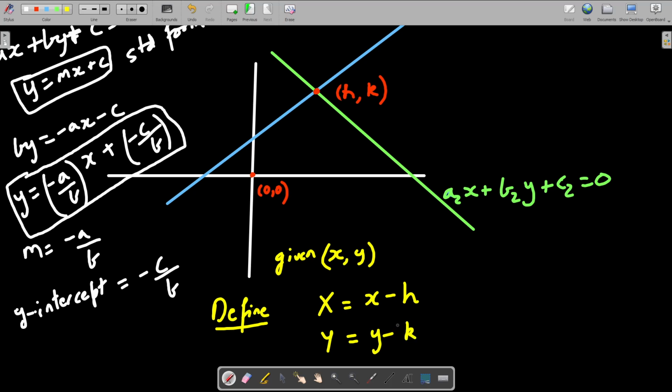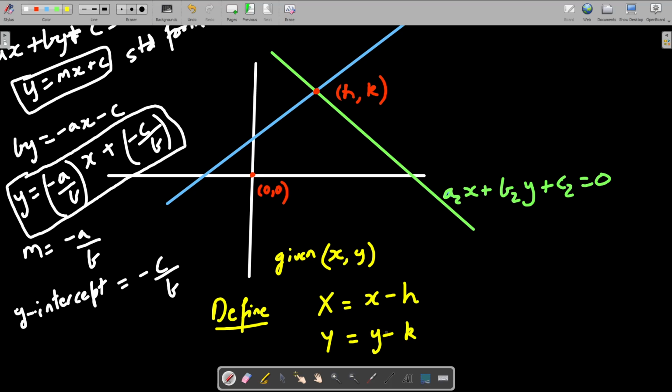So what are you doing by this? You are changing the origin, because if I put small x as h, what will I get? Capital X becomes h minus h, that is 0. If I put small y equal to k, capital Y becomes k minus k, that is 0.